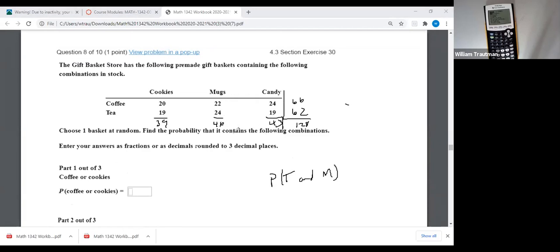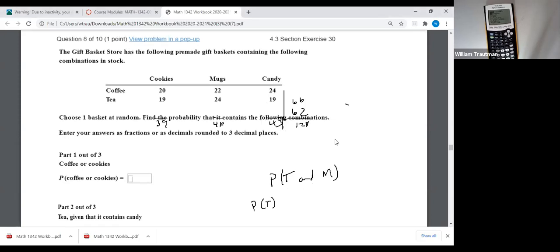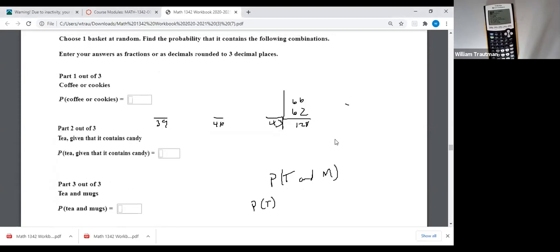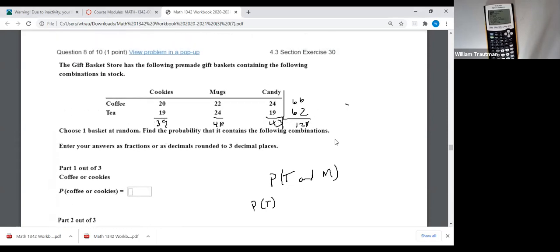Probability of T and, oh wait, is it probability of T and mugs? Yes, probability of T and mugs.